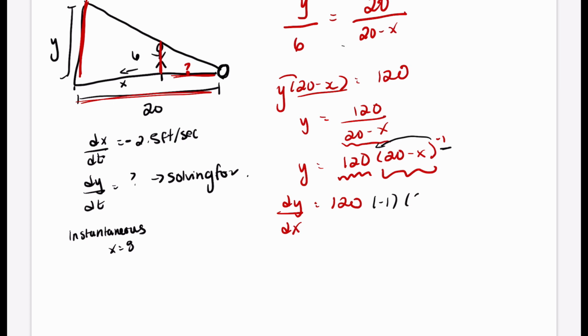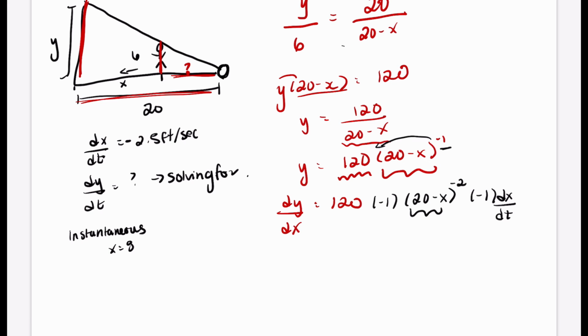And then I need to change my exponent to be negative 2, so I'm subtracting 1 there. Now I need to multiply by the derivative of the inside. The derivative of 20 is 0, and the derivative of negative x is just negative 1. But I'm taking the derivative of x, so I need to write my dx over dt.